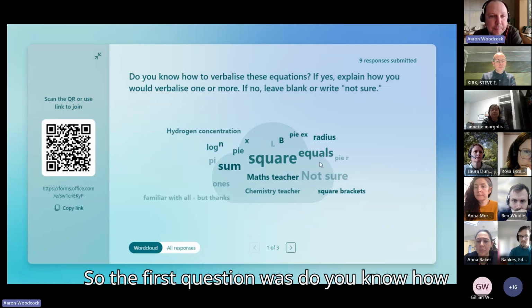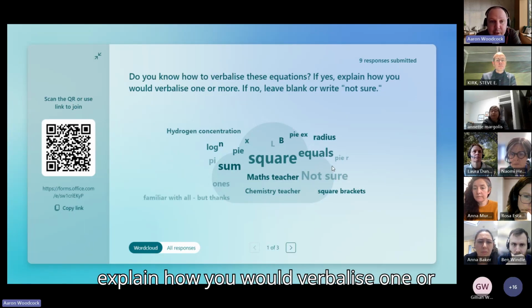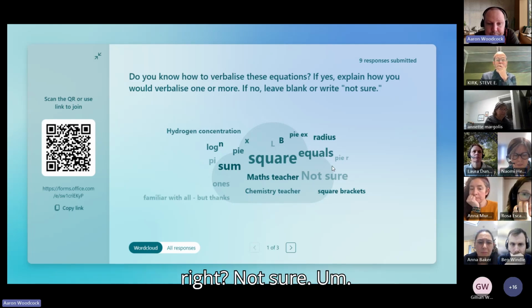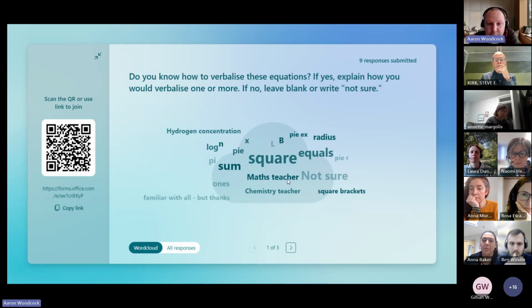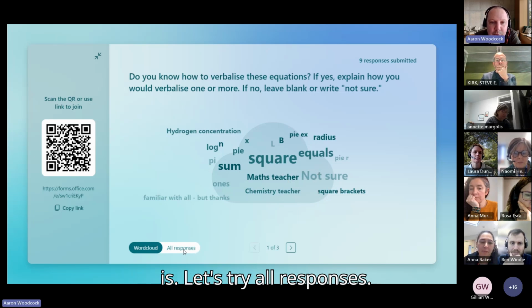So the first question was, do you know how to verbalize these equations? If yes, explain how you would verbalize one or more. If no, leave blank or write not sure. I'm not sure how helpful this word cloud is. Let's try all responses.